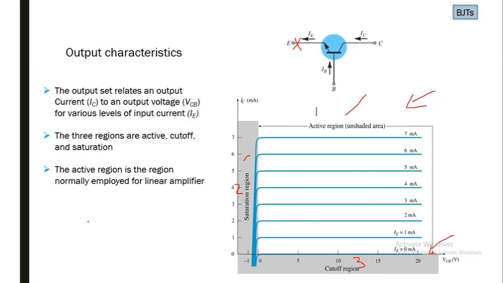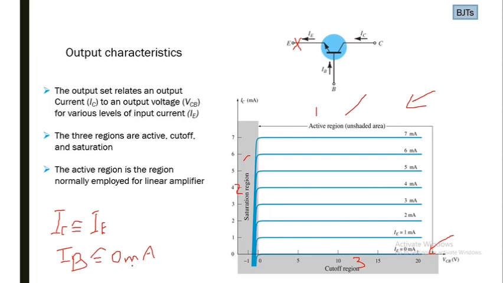So we can easily derive this equation that IC is approximately equal to IE, since IB is approximately equal to 0 milliampere.